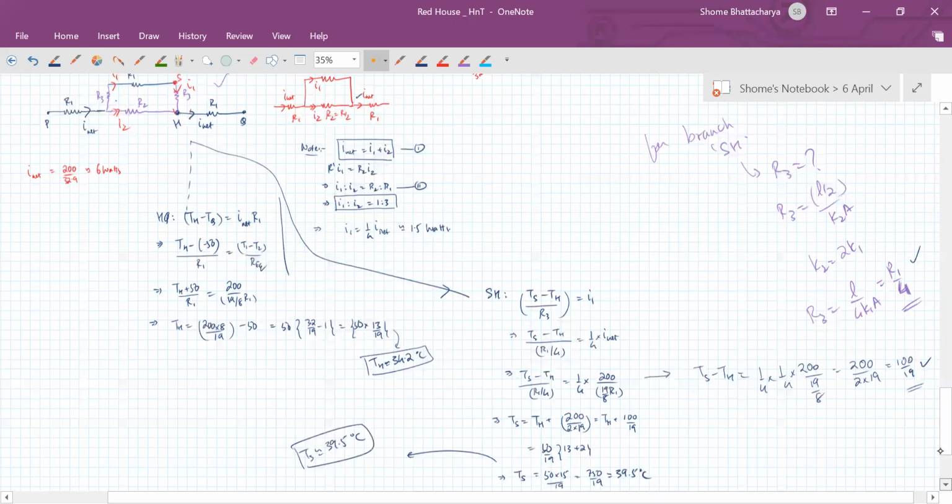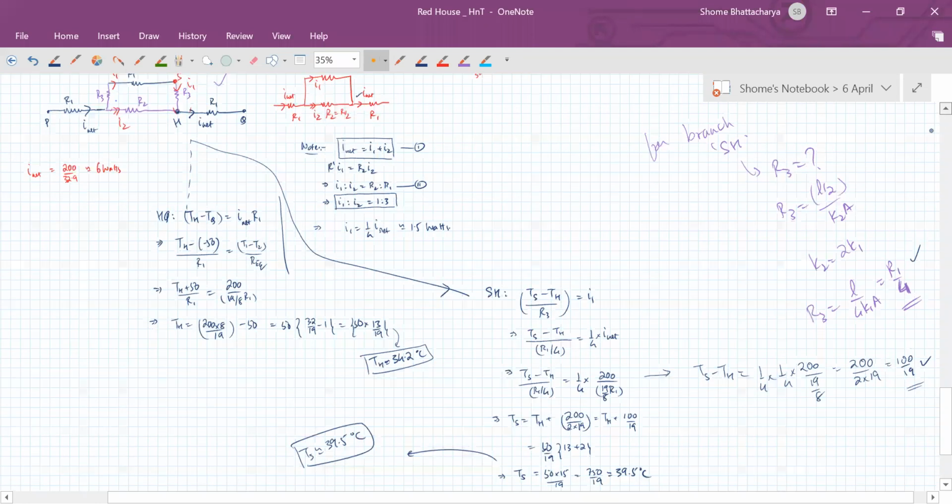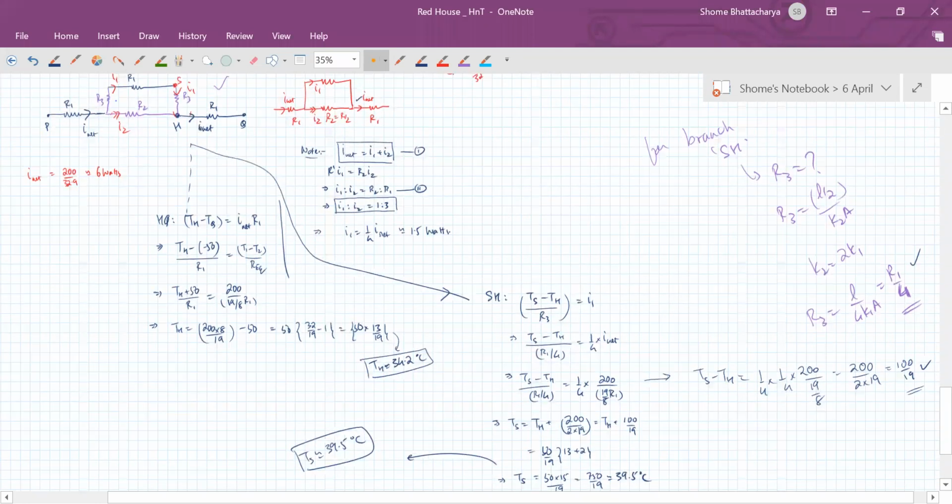Okay, so basically you can get any sort of combination of conductors like this, in which you can convert the given combination of metallic rods or heat conductors into an equivalent circuit diagram and just apply the normal principles. Like over here, when we have equated I1 plus I2 equal to I net, we have applied conservation of current, or what is called the junction rule, that at a junction, the total incoming current is equal to the total outgoing current.